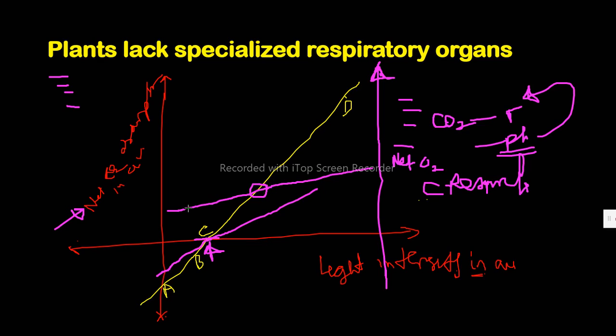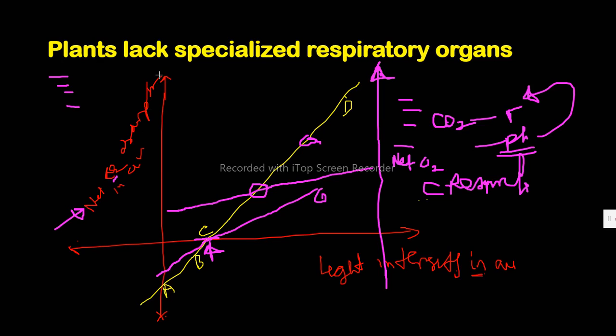Okay? And maybe this is not carbon dioxide, but you can say net absorption of the respiratory gas. And then you draw this for carbon dioxide, and this one is for oxygen. That one makes a lot of sense.